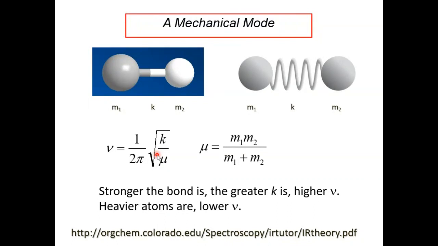That's the qualitative relationship I ask you to establish. That's a requirement. You have to know that the stronger the bond is, the stretching vibration frequency goes up, and the heavier the atoms, the frequency goes down.